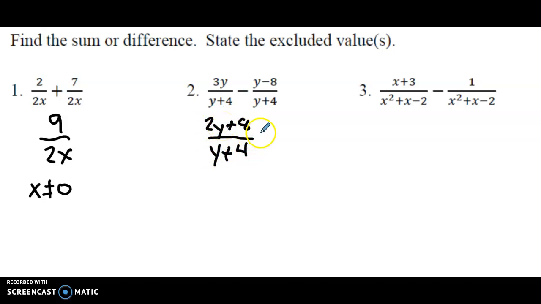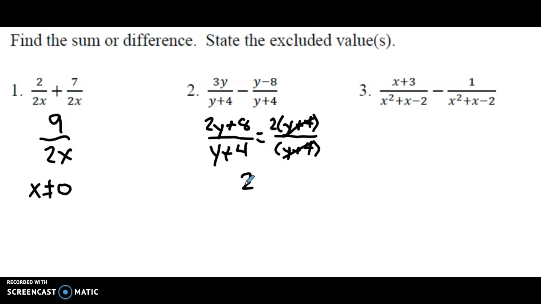So I'm just going to double check that. 2 is my GCF on the top, so this is 2 times y plus 4. And on the bottom, I can't factor that at all. That's prime, so that's y plus 4. And my hunch was right, they have a common factor of the binomial y plus 4, so we can simplify that. Our final answer here is 2.